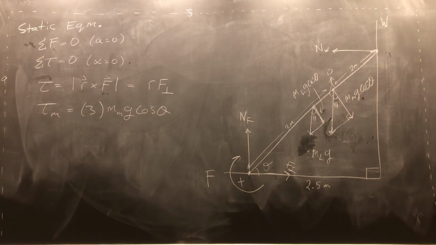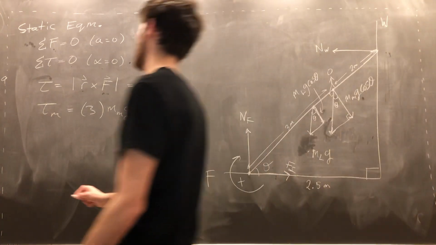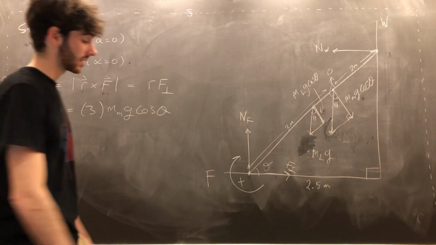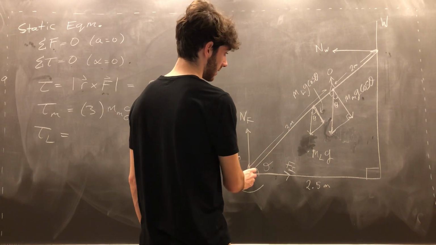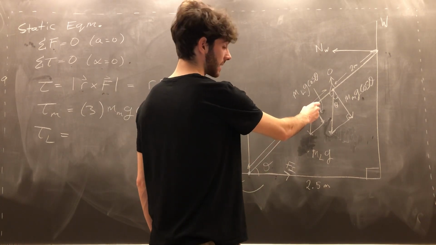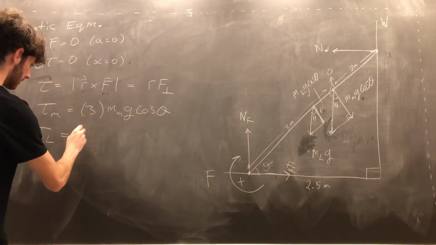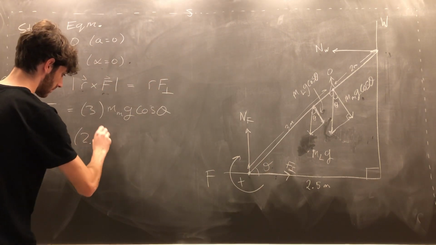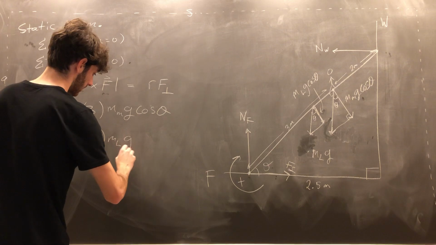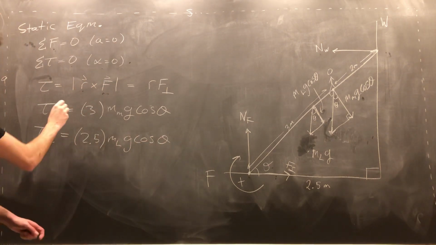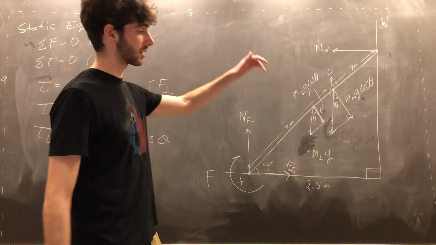And so the torque imparted by the ladder, which I'll call torque ladder, is that radial distance. Now it's from here to where the ladder's center of mass is, which is 2.5 meters along the ladder. 2.5 times the mass of the ladder, g cos theta. And it's positive, just like this guy, because they're both causing a clockwise torque.